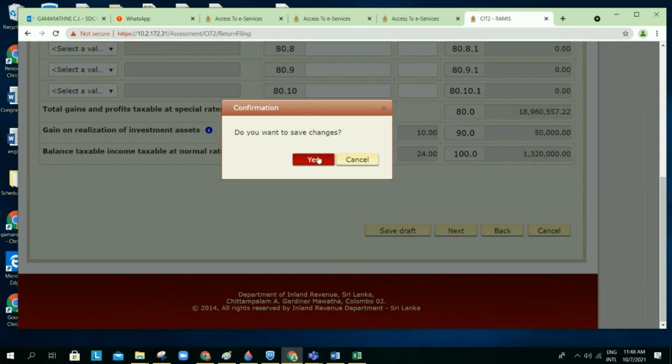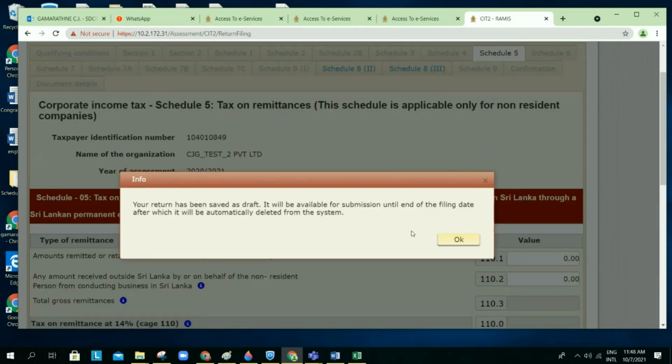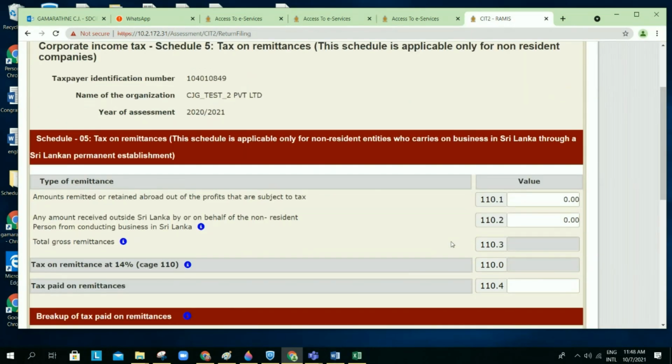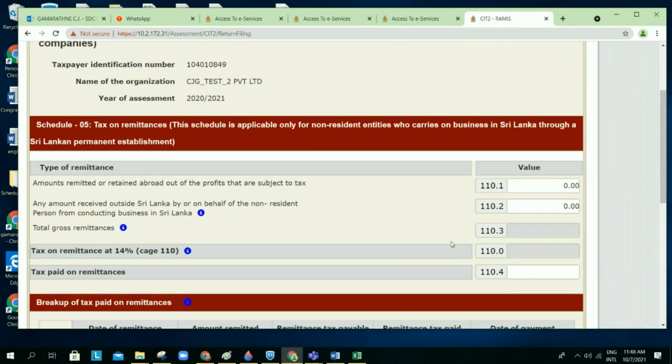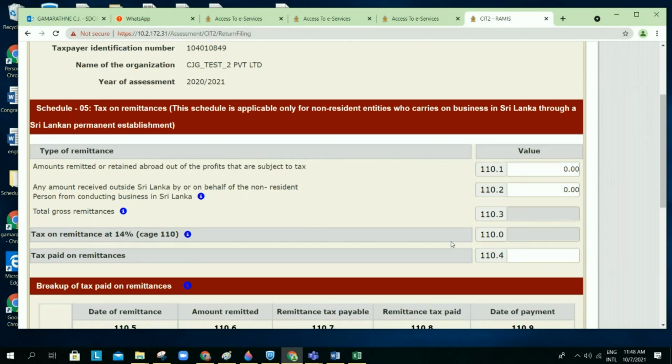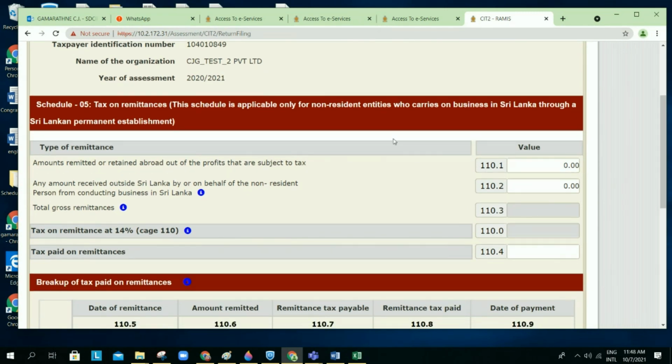Schedule 5 is the remittance. I'm not going to explain much detail because here also there are no differences, same as what you have used for the last 5 years. This schedule is mainly related to non-resident entities.